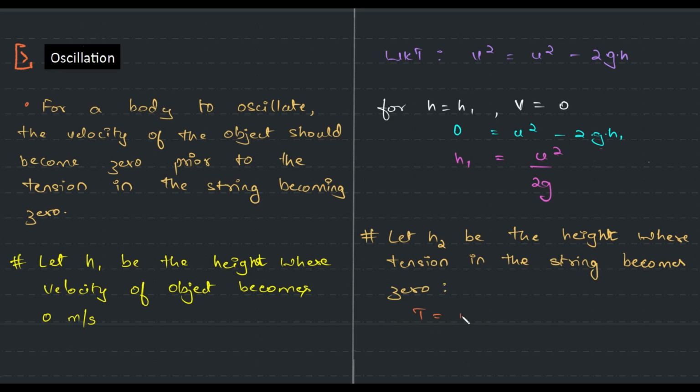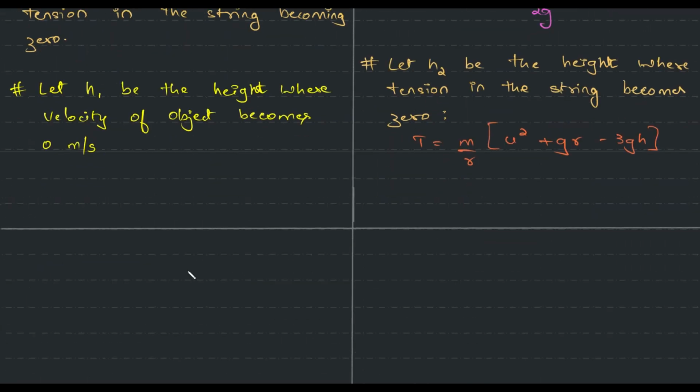So tension is given by m by R, I have a formula in front of me, I'm just copying from there, times u square plus gR minus 3gh. Right? So at h is equal to h2, your tension will become 0, and that's it.